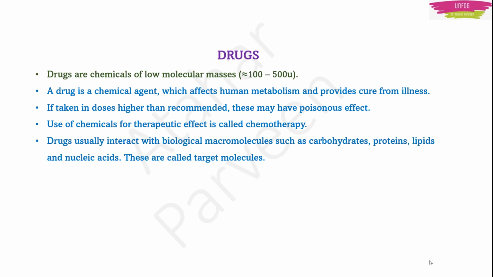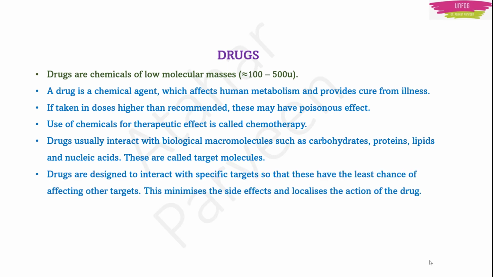Drugs usually interact with biological macromolecules. And what are those biological macromolecules? They are carbohydrates, proteins, lipids, and nucleic acids. These biological macromolecules are called target molecules. Basically, drugs are made in such a way that they interact with target molecules.